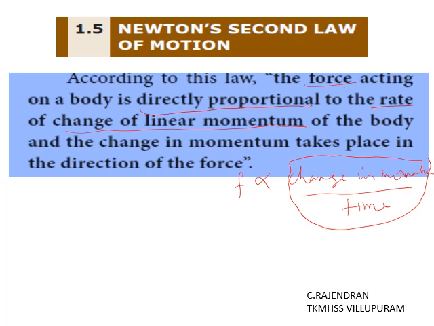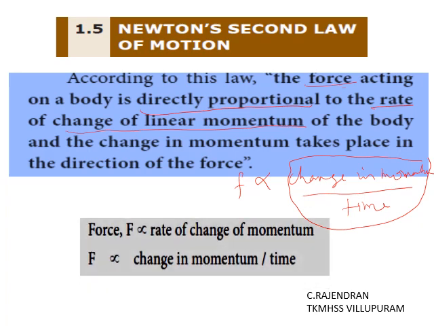That is, we call it the rate of change of linear momentum. So according to Newton's second law, the applied force is directly proportional to the rate of change of linear momentum. In short form, we have written like this: F is directly proportional to the rate of change of momentum, which I already wrote here is equal to change in momentum by time.